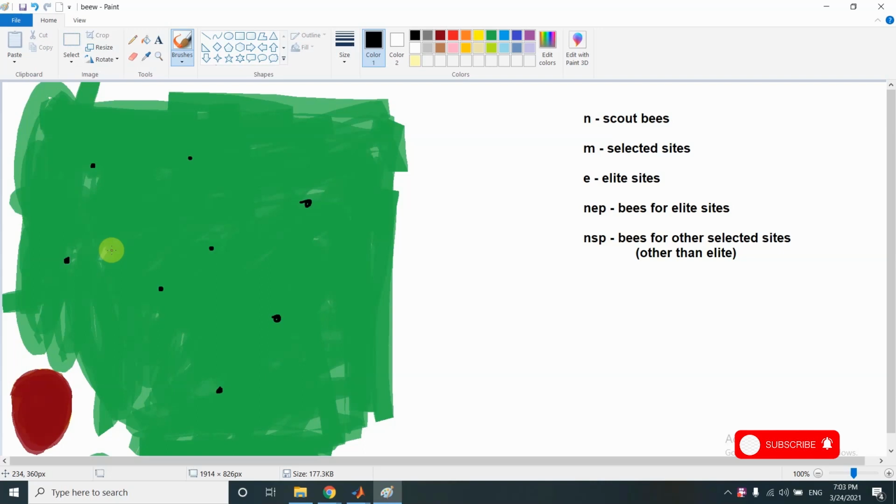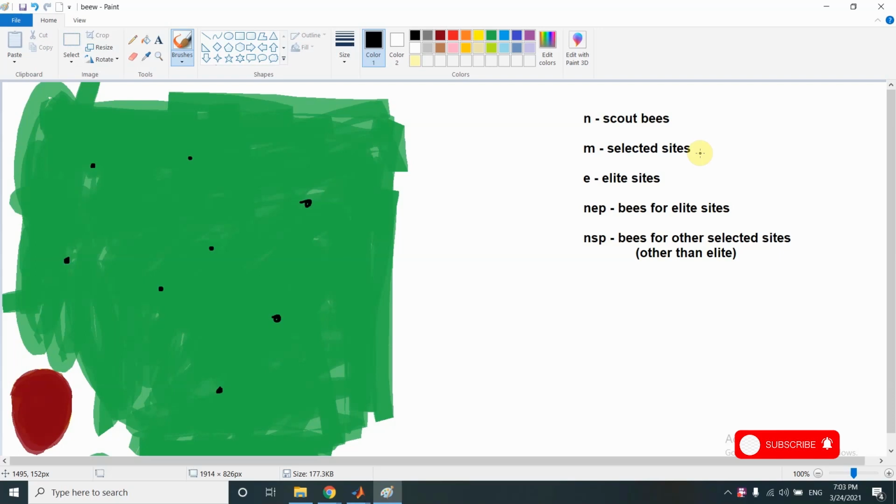Now, out of all these locations, M sites are selected. That is, the M best locations are selected, and from those M locations, E elite locations are selected. That is, let's say that N scout bees go to N different locations.